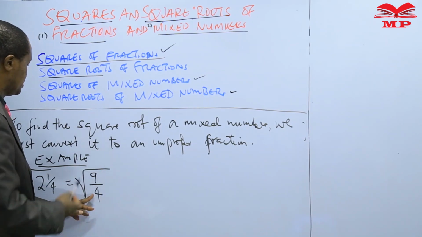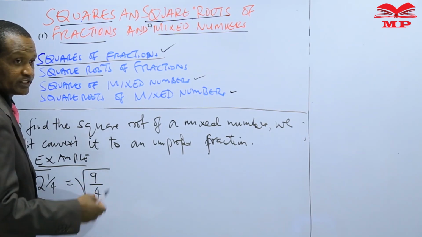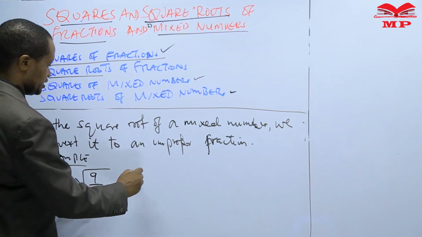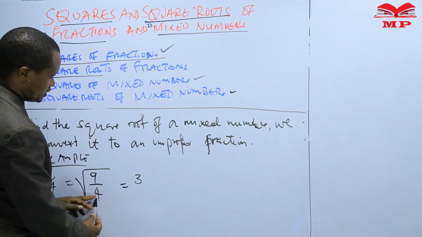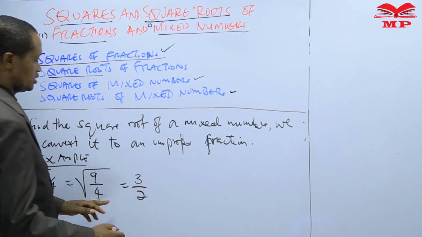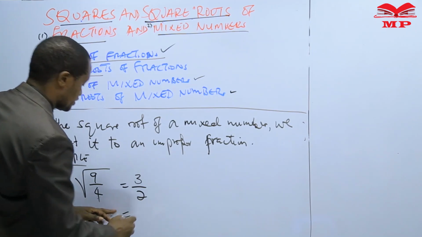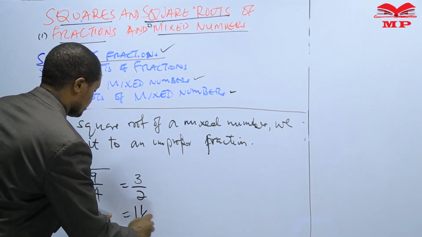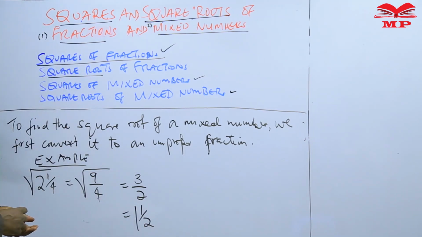We find the square root of the numerator first. The square root of the numerator here is 3, and the square root of the denominator 4 is 2. Then we convert this improper fraction to a mixed number, which is 1 and a half.